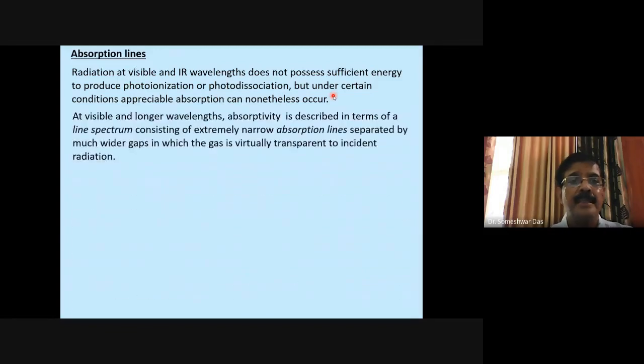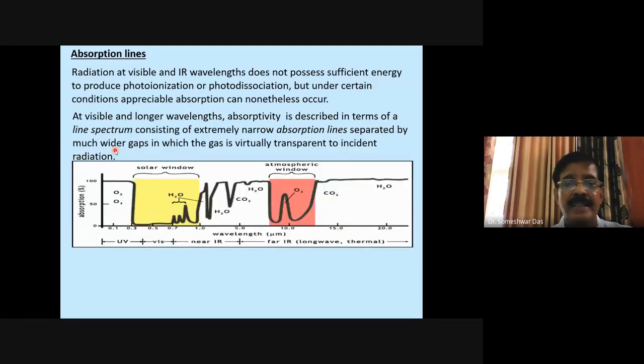At visible and longer wavelengths, absorptivity is described in terms of a line spectrum consisting of extremely narrow absorption lines separated by much wider gaps in which the gas is virtually transparent to incident radiation. That's called the atmospheric window. And that occurs due to the presence of gases, which have different characteristics.